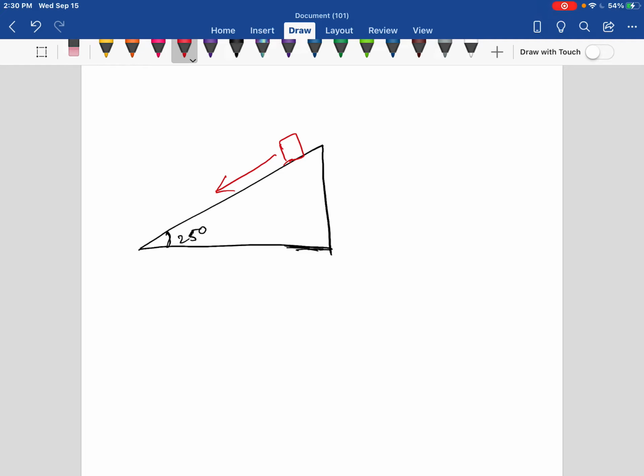The angle is given to us, and for now, just for now, ignore the friction. Let's say that the friction is 0. It's maybe ice or something, so the friction is roughly 0.